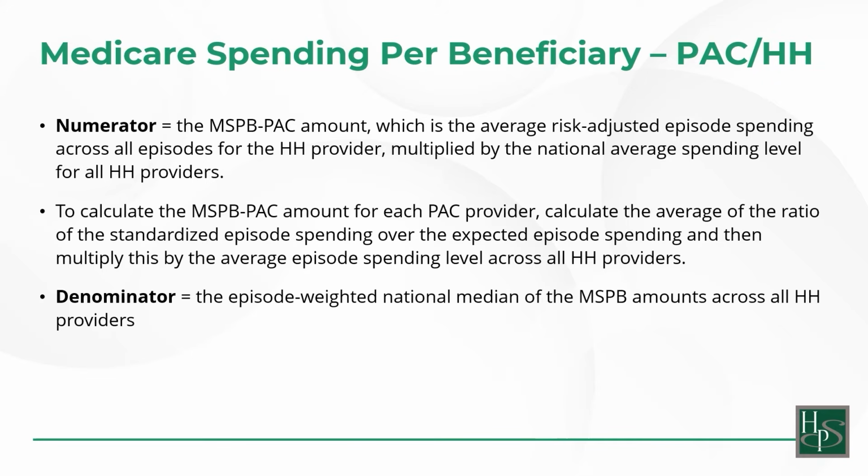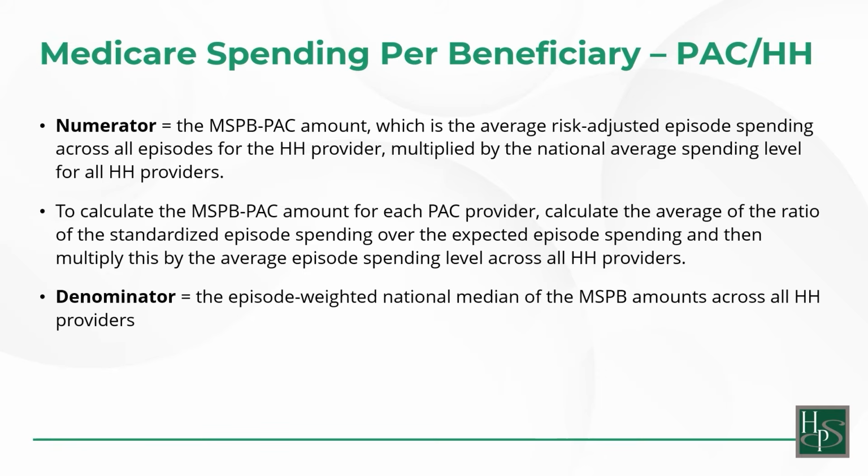Well, it's a several-step process, but overall, the numerator is the Medicare spending per beneficiary post-acute care home health amount, which is the average risk-adjusted episode spending across all episodes for the home health provider. That is then multiplied by the national average spending level for all home health providers.